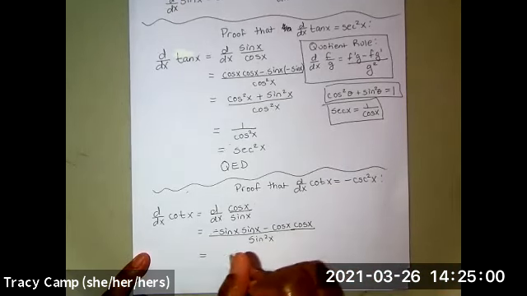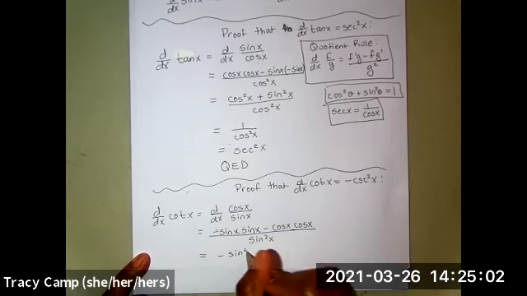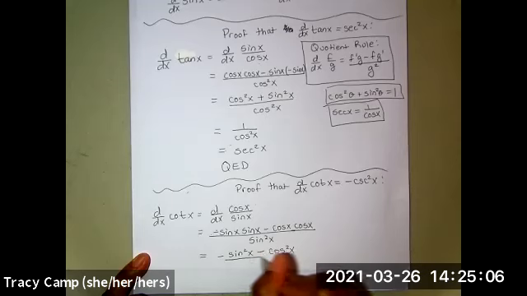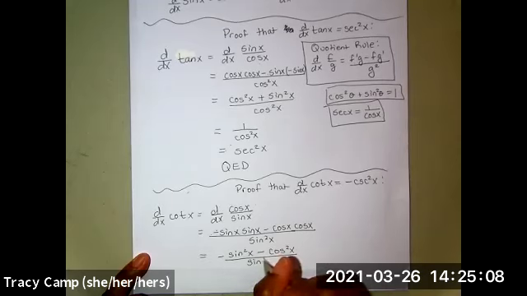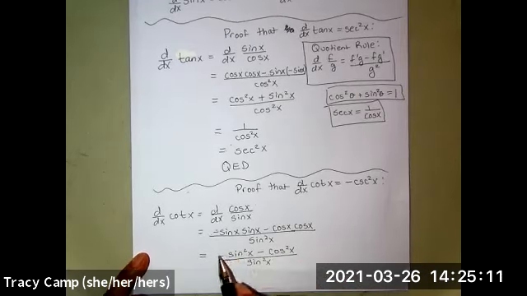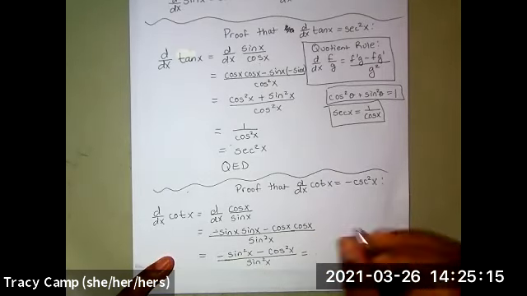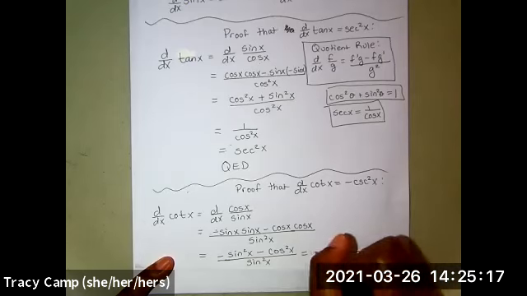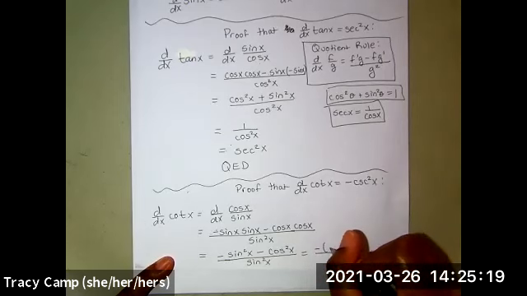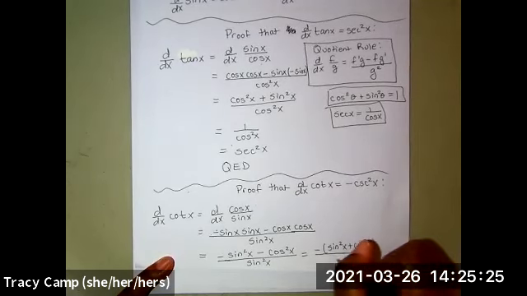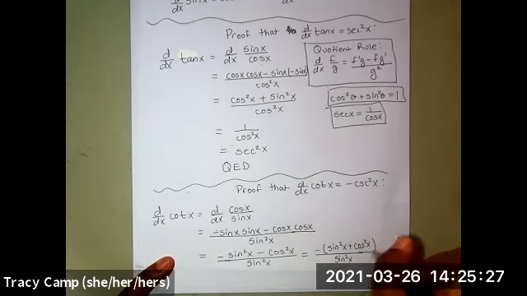And so we end up with negative sine squared x minus cosine squared x over sine squared x. And then we can factor out a negative 1 here. So this ends up being negative, sine squared x plus cosine squared x, over sine squared x.